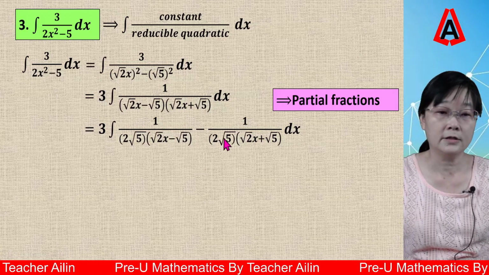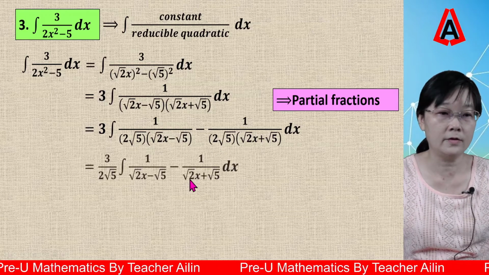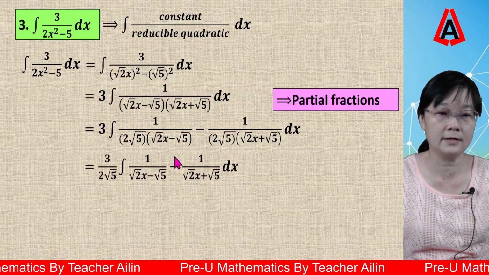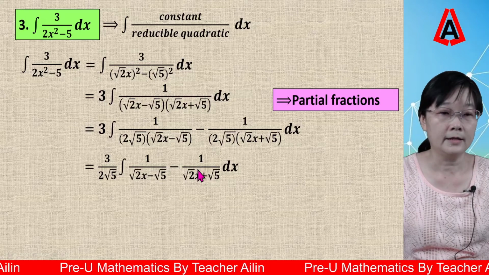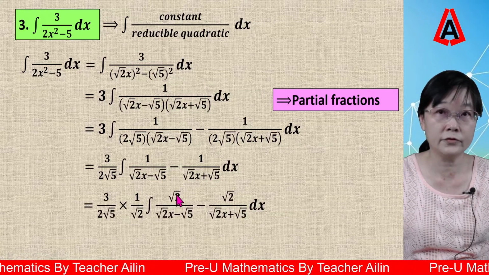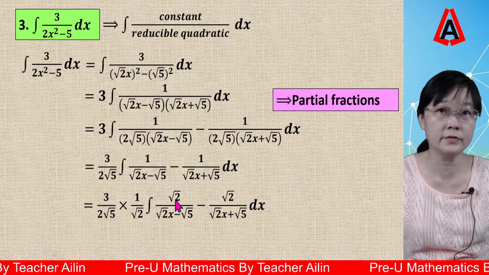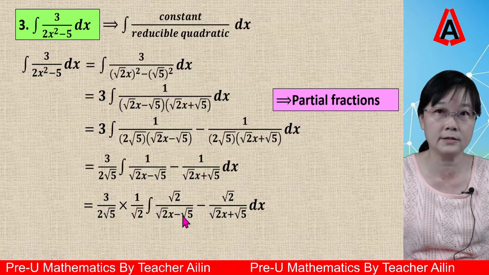Before I continue, I factorize this similar value out so that I can keep the simplest term inside here. Then now I'm going to put in square root of 2 because square root of 2 is the derivative of the denominator.